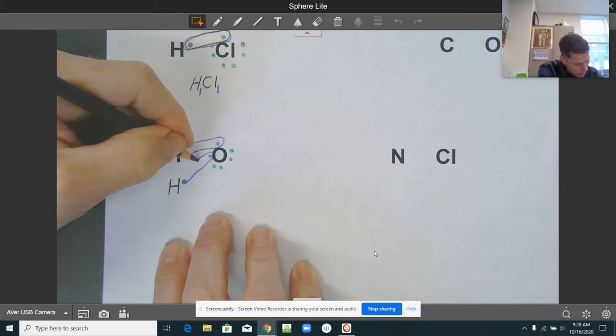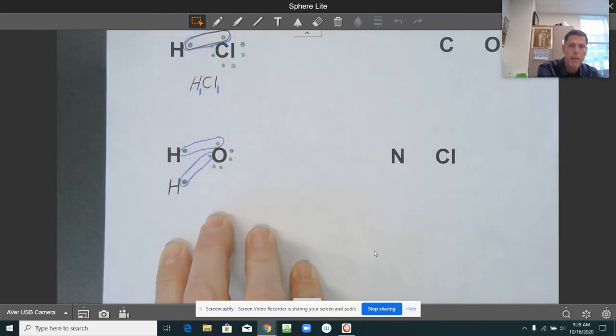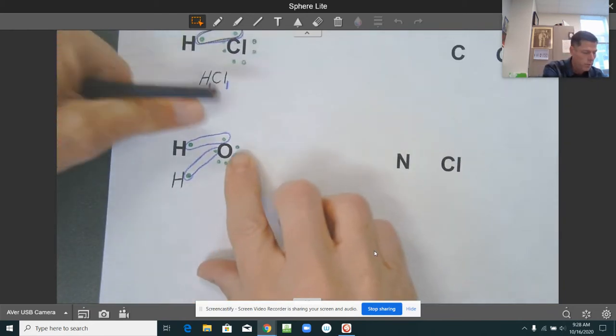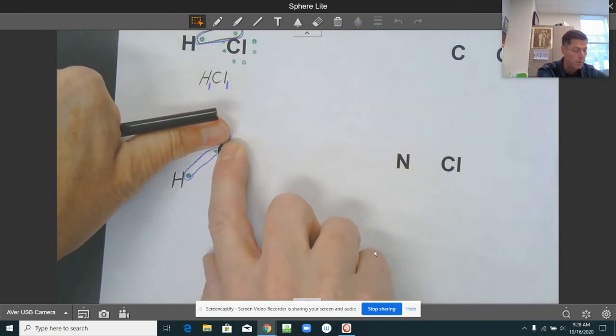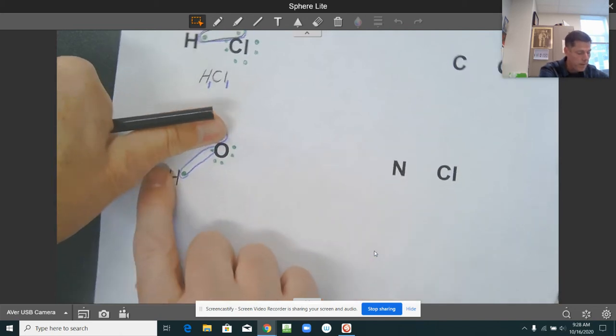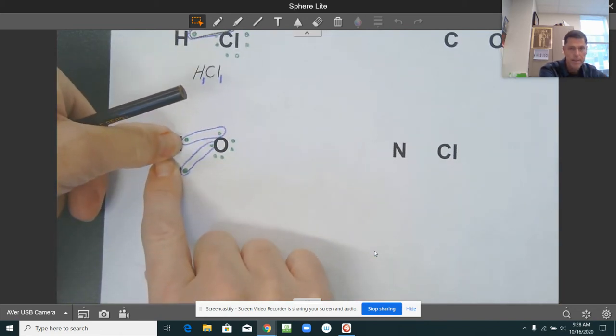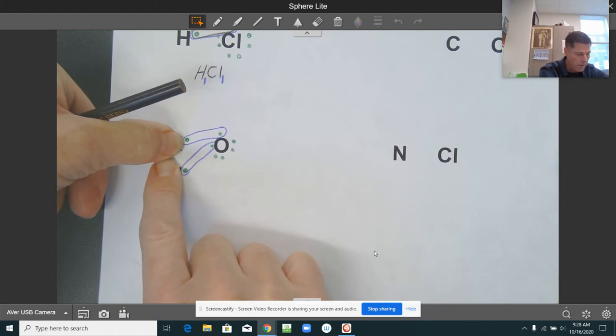So we're going to do that same thing there. We're going to share that between them. So if we look, there's my 2 valence for the hydrogen because there's only 2 electrons in the first ring. And if we look at the oxygen, it brought 6 electrons to the party and it's sharing, getting 2 more from the hydrogens. So there's its full octet.